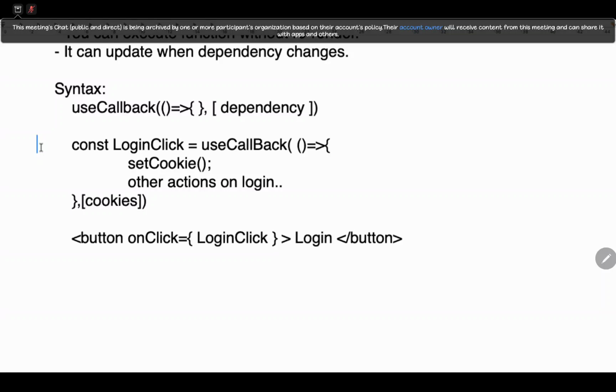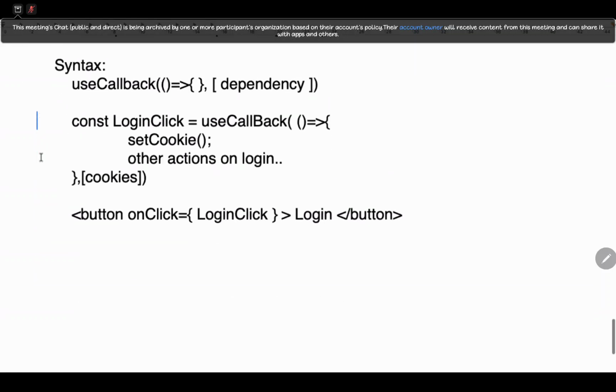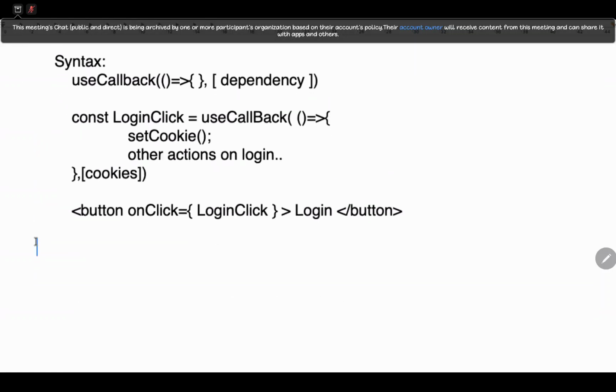Now we will see how to put this in our to-do app. And we have some more options like useReducer. Now we will see one more library called Redux, and how to use that Redux in our application. That we'll see tomorrow.